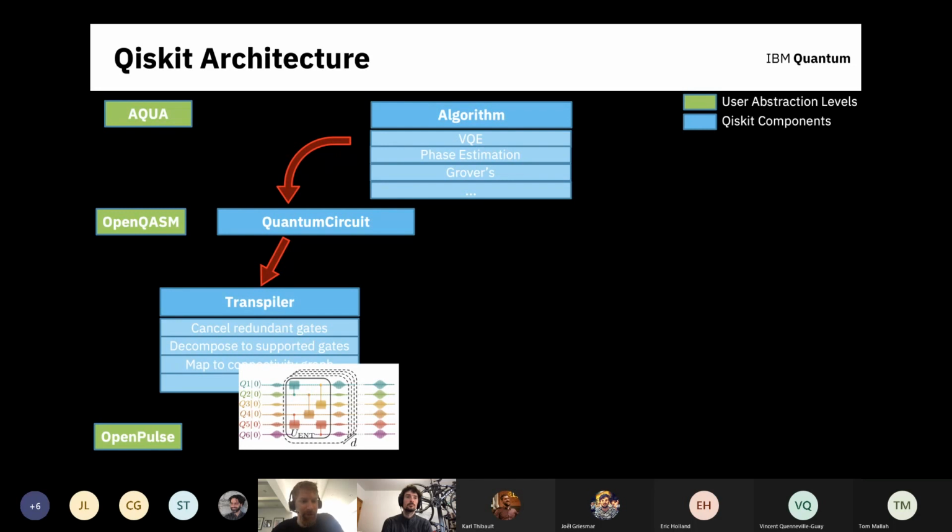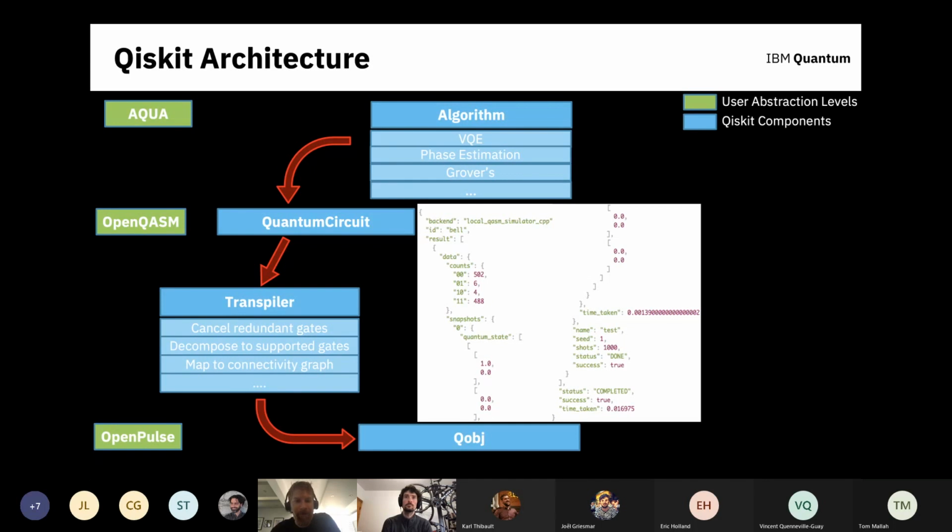So this will get turned into a quantum object, either a pulse quantum object or a QASM quantum object, which will consist of a series of pulses or gates that will be able to be run. For example, OpenPulse allows you to specify the pulse level access, and we can use these, say, for error mitigation in the VQE algorithm.